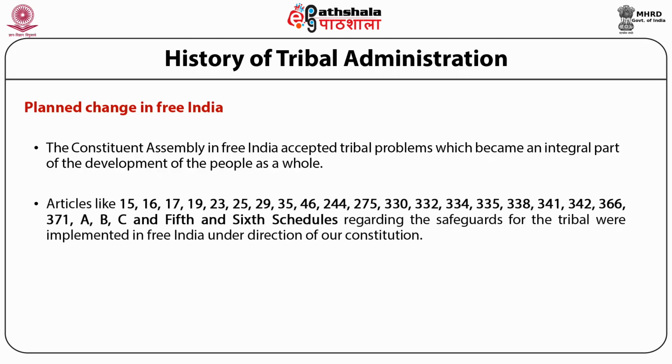Different articles like 15, 16, 17, 19, 23, 25, 29, 35, 46, 244, 275, 330, 332, 334, 335, etc., and the Fifth and Sixth Schedules of the Constitution of India provide constitutional safeguards and welfare measures for the tribals and other marginalized communities of the country.